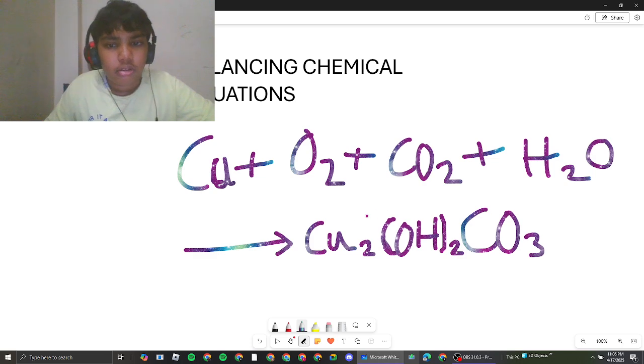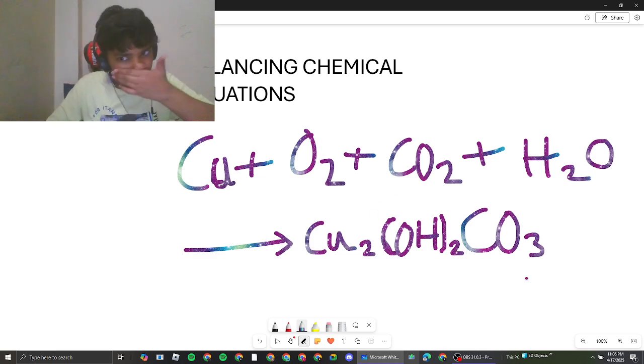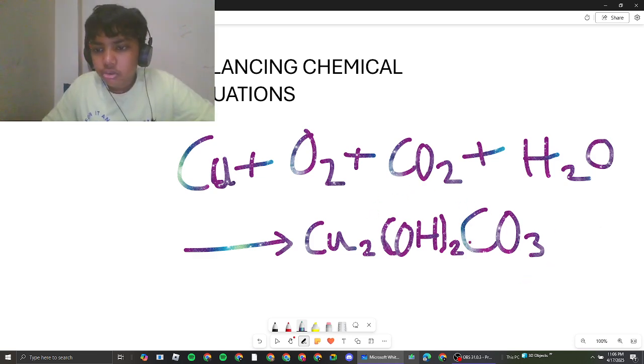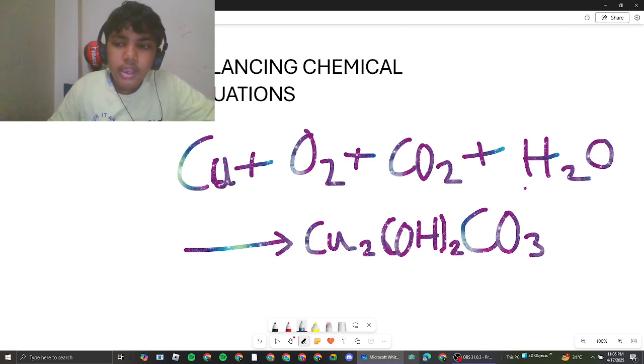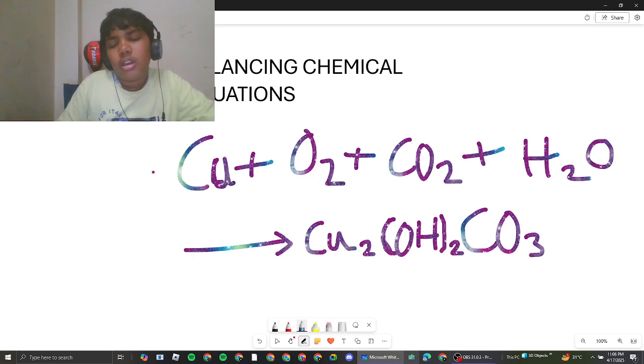CO2 and here CO3 are not equal. C is equal, but O3 is not equal. Then we have H2O, and then we have OH2. But no, this and this are not equal.